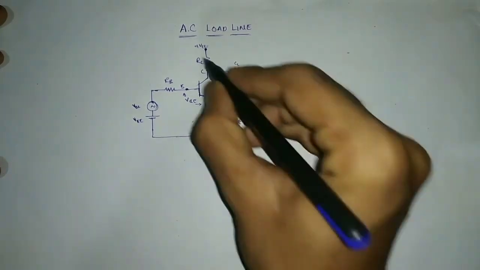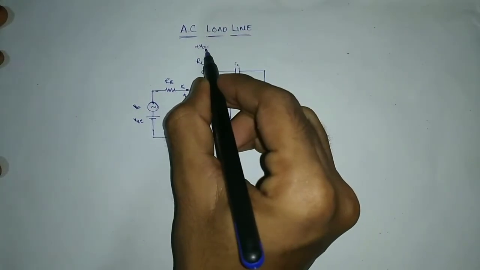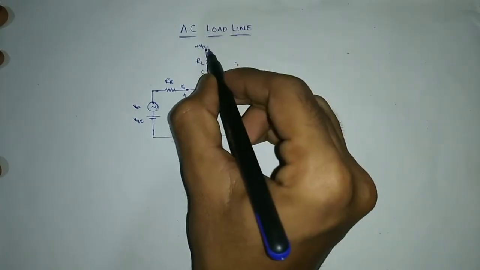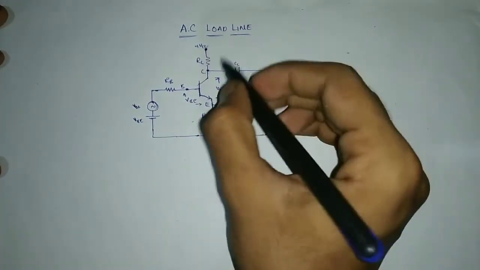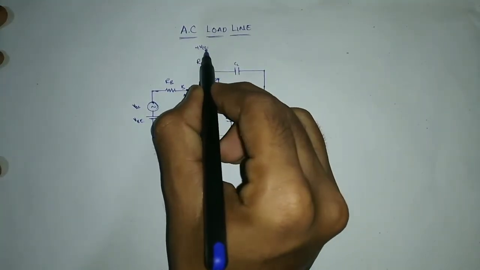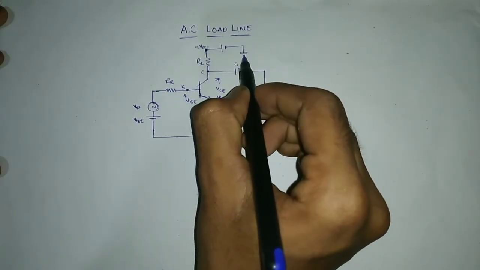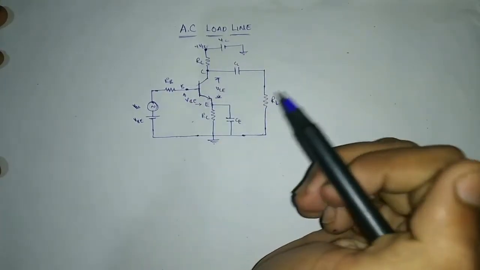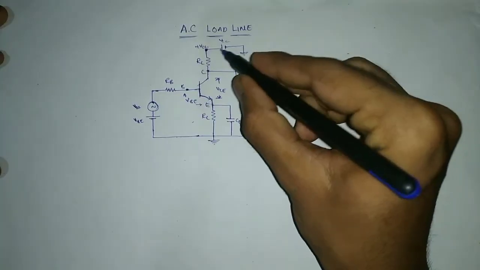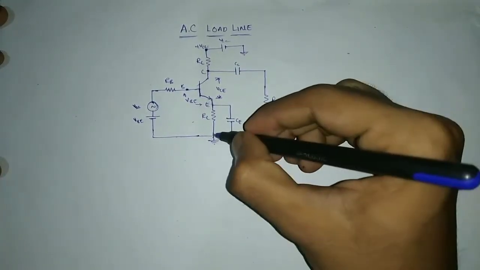If we analyze this loop, we can connect this RC to VCC and the other to ground. This will be VCC, and this battery's other end is connected to ground and the RL is connected to ground.